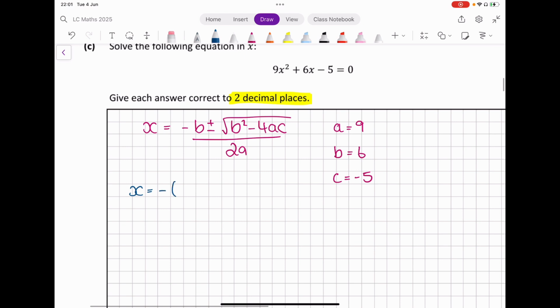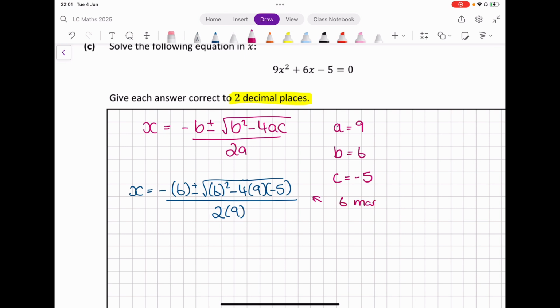So minus bracket 6 plus or minus the square root of 6 squared minus 4 by a, which is 9, and then by c, which is minus 5, all over 2 by 9. Now, by doing that there, I've already got high partial credit, so just by subbing in, this here is giving you 6 marks out of 10. Okay?